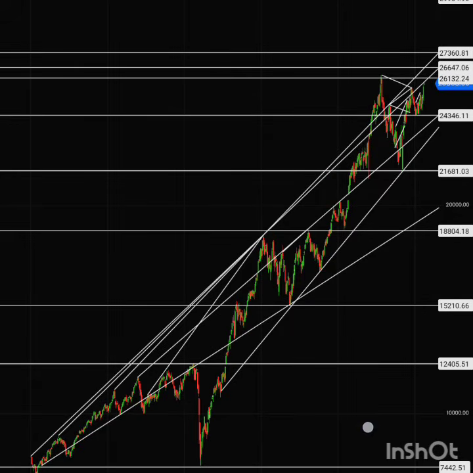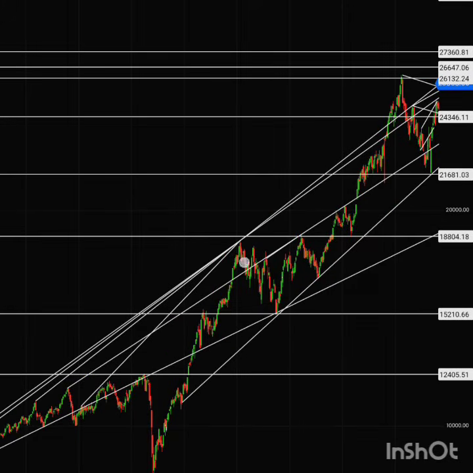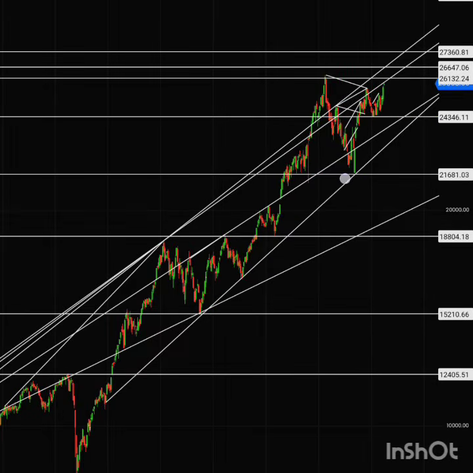You see that after here, this movement went this way, and this was the consolidation. First the consolidation, second a big profit booking, and the consolidation. So this was some consolidation here, one consolidation, two consolidation, and we are waiting for another breakout.